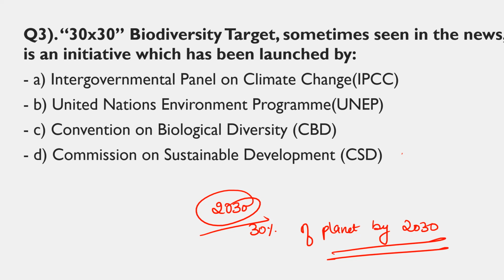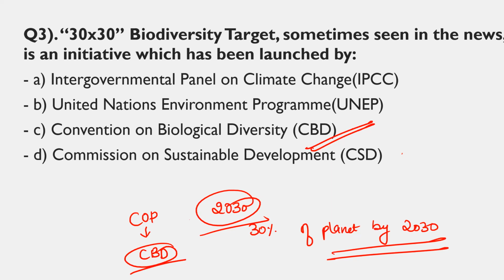And it has been agreed by more than 50 countries, right? It was agreed at the COP15 meeting at CBD, Convention on Biological Diversity, right? And it is the Kunming-Montreal Global Biodiversity Framework. Getting my point? This is the third question.